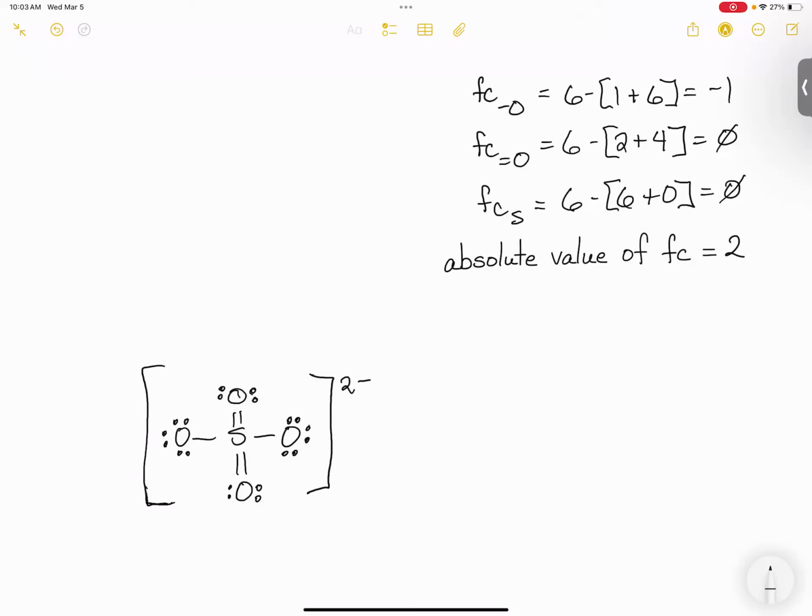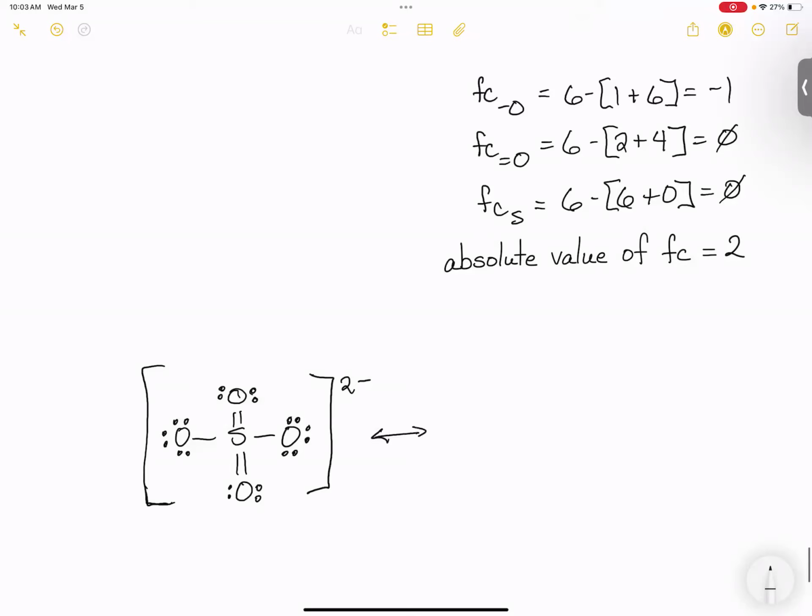But here is where this structure is insufficient. I chose the top and the bottom. There is no reason that the left oxygen and the right oxygen couldn't be my double bond.